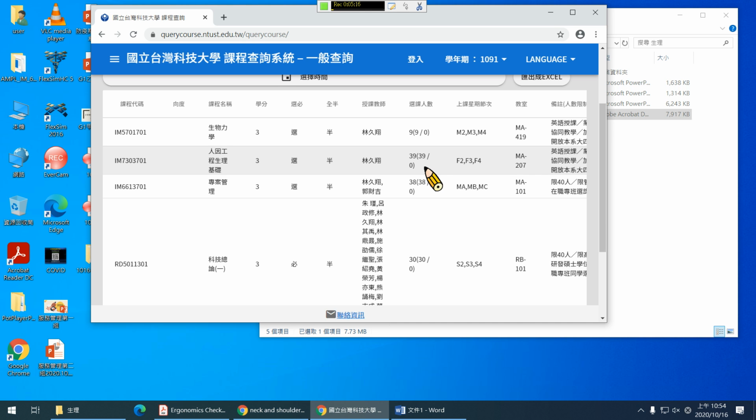Now we have 39. So 9 groups, is that possible? Maybe 6. So that means 4 students per group, between 4 and 5.